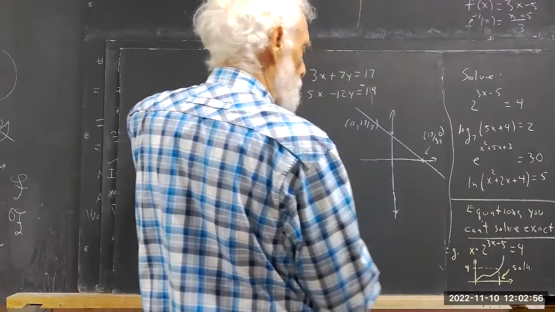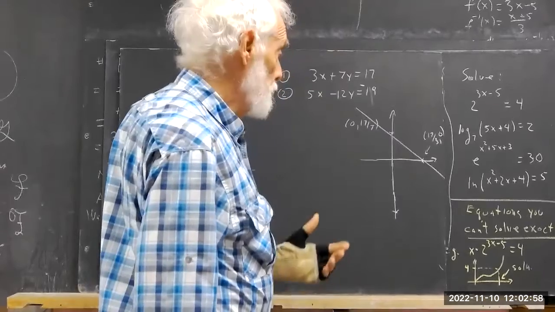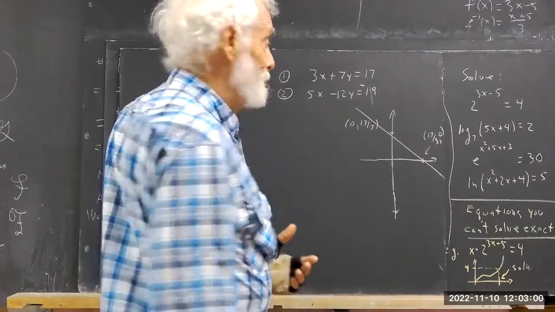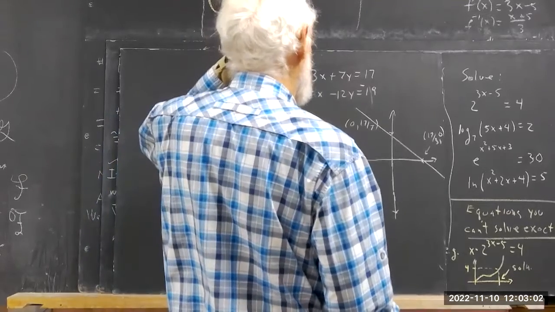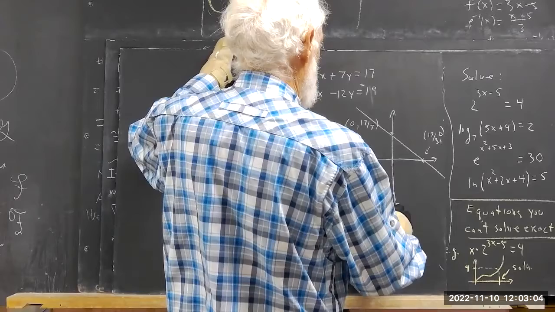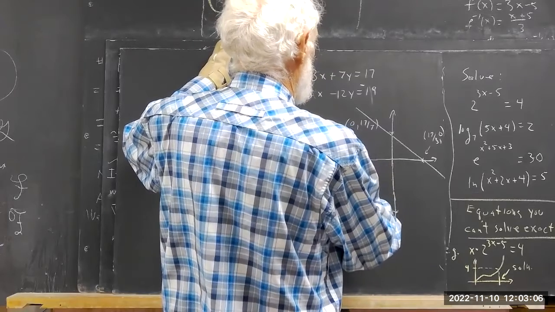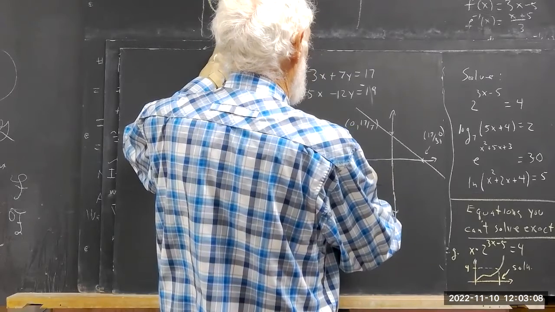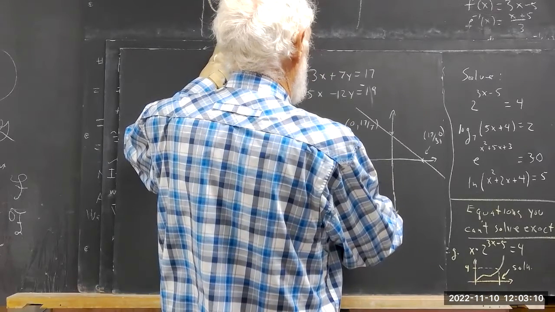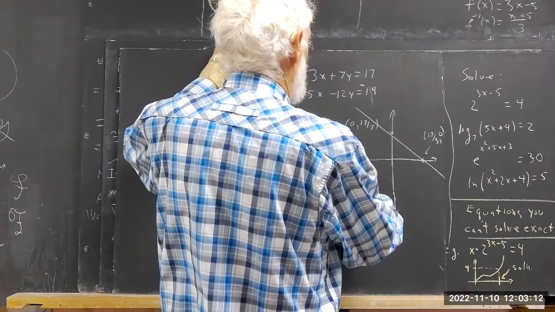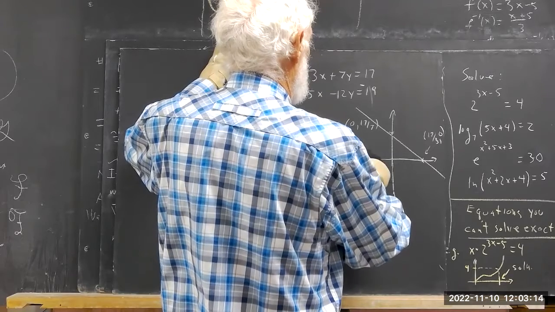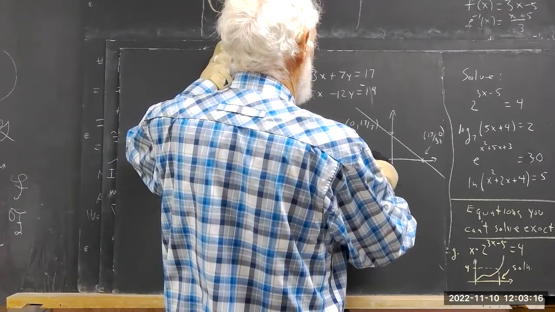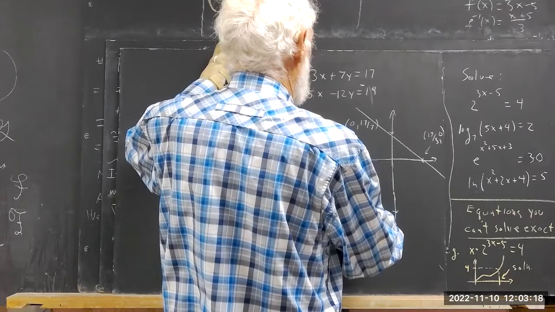I'm not bothering with a good scale, so I can get a really inaccurate solution. And that should be x. It's negative 19/8, which would be on this scale, maybe about here.